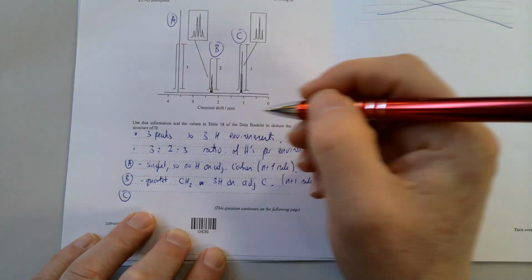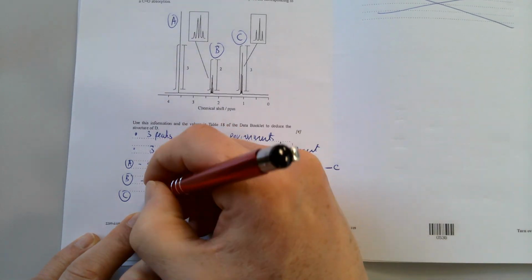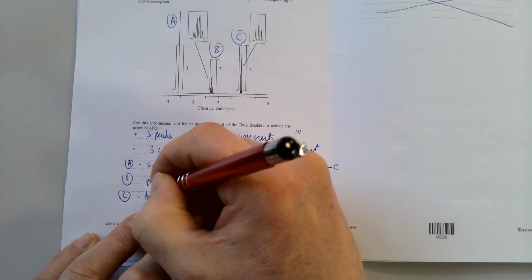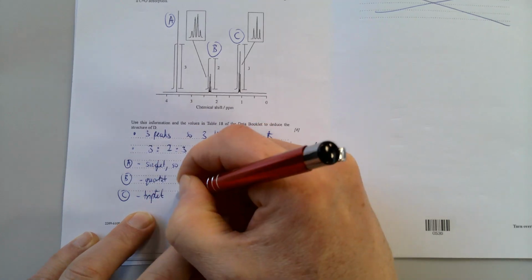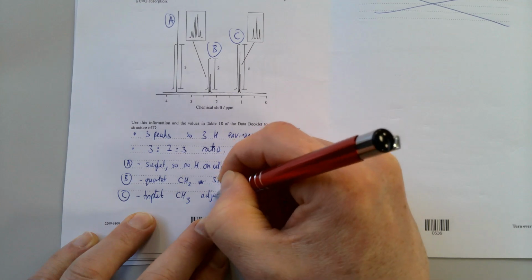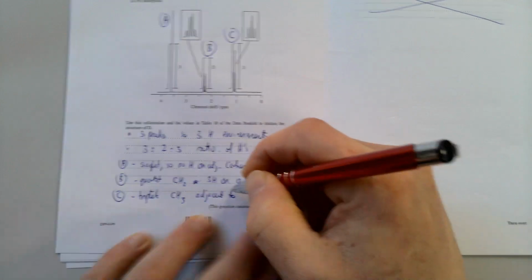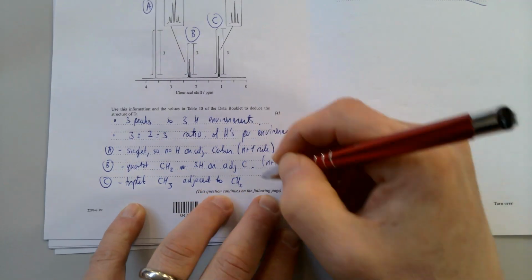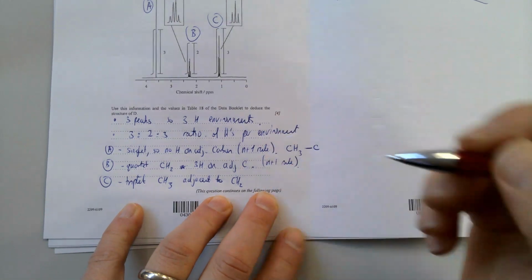And the last one is, again, it must be a CH3, and it's clearly a triplet this time, nice neat triplet. And so that's a CH3 adjacent to a CH2. Okay, again, n+1 rule.